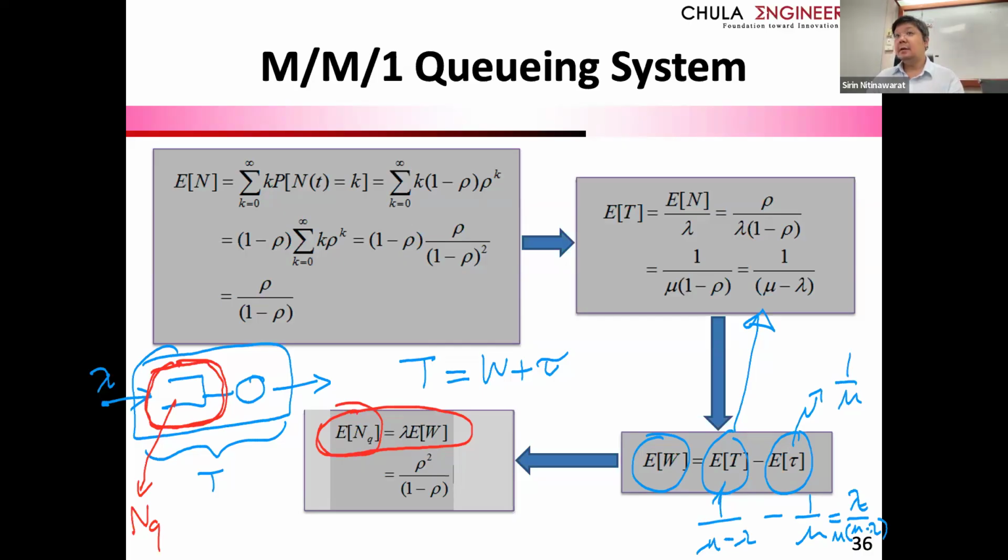That's NQ instead of N. So what is that? You already know the expected wait time here, multiplied by lambda, so that's lambda squared over mu times (mu minus lambda), and that is rho squared divided by 1 minus rho.